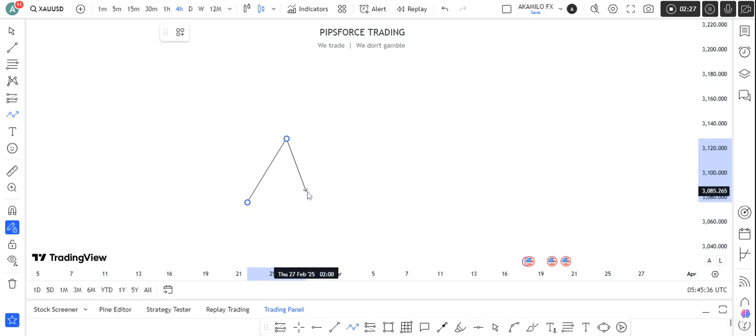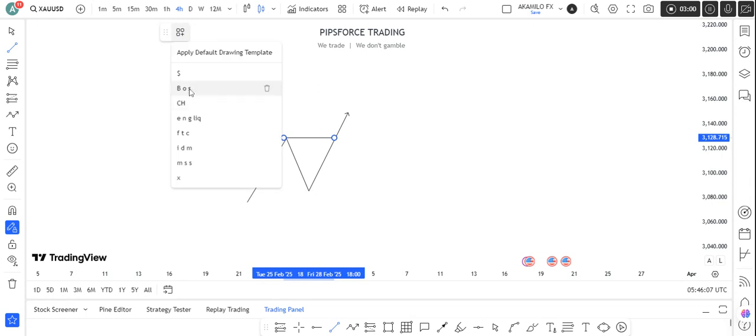Let me first give you a scenario of a bullish order block. It is the last bearish candle before an upward move. That's a bullish order block. So if we see a structure like this, we have price giving us a break of structure from the downside to an upside. That's a break of structure here.